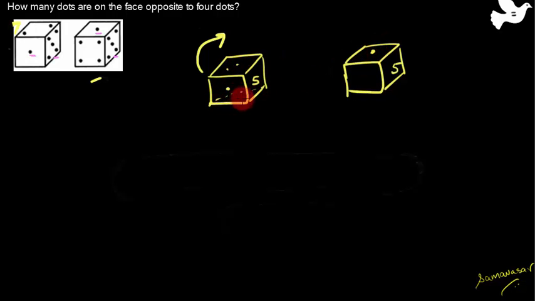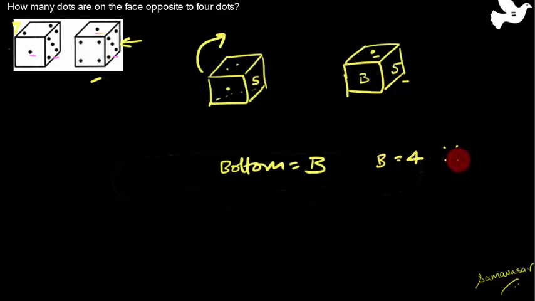So the number which is at the bottom will come to the front. So what was the bottom? Let us call that B. That will come here. This much should be clear. Now if I see this representation, this one is here. So yes, this is correct. This 5 is here. So this is correct. Which means B is equal to simply 4 dots. That is this.